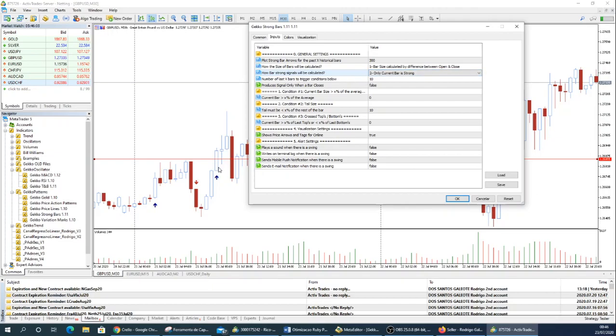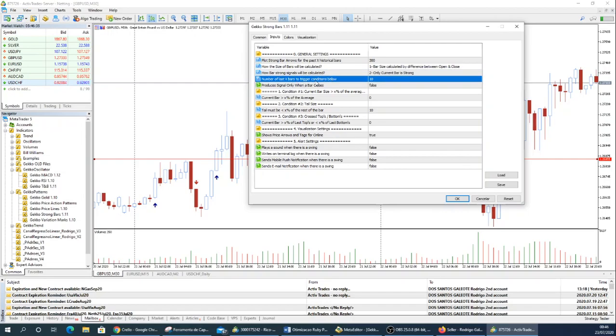If I wanted the indicator to consider the current and the previous bar combined together to determine if they both together make up a strong bar, then I would select the option 3 or 1. 3 if just that combination, and 1 if both current bar or the current plus last bar.